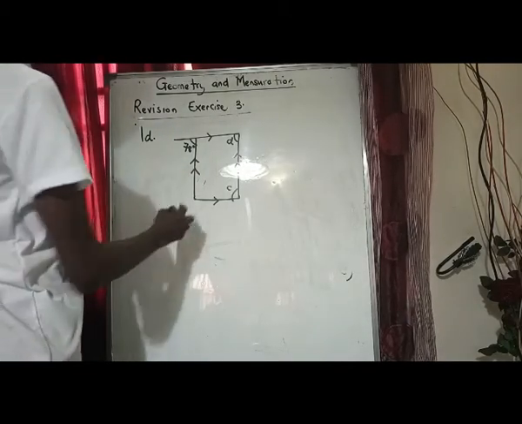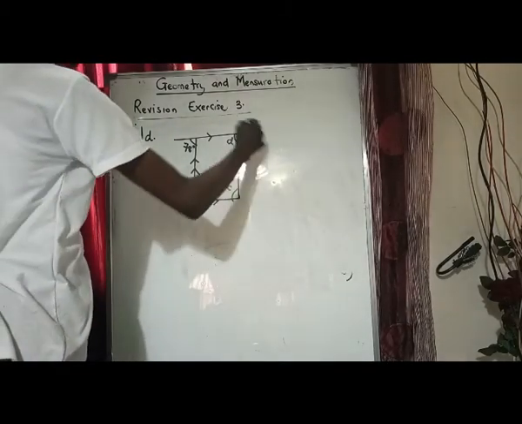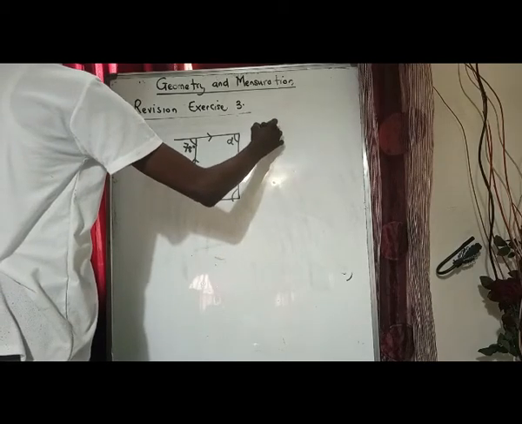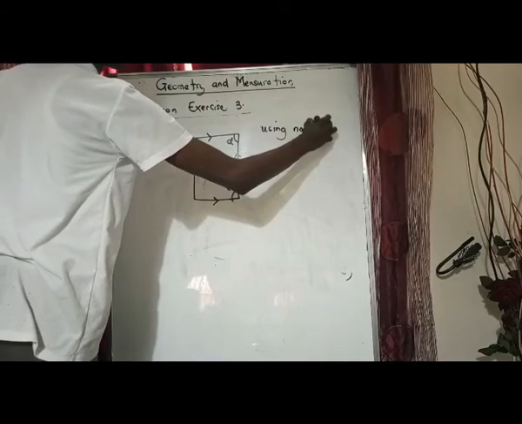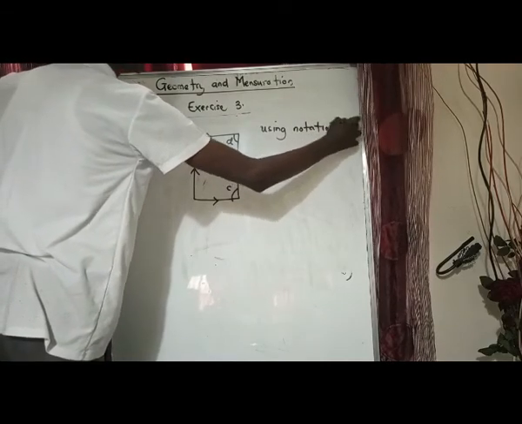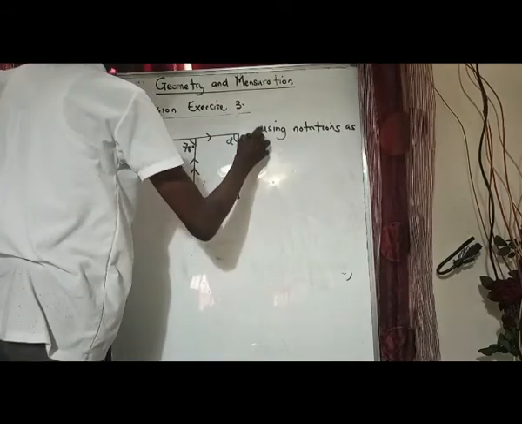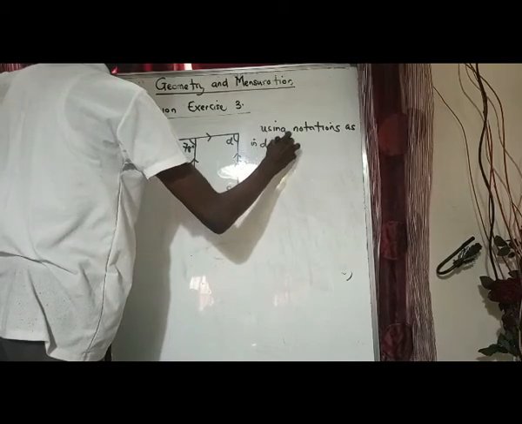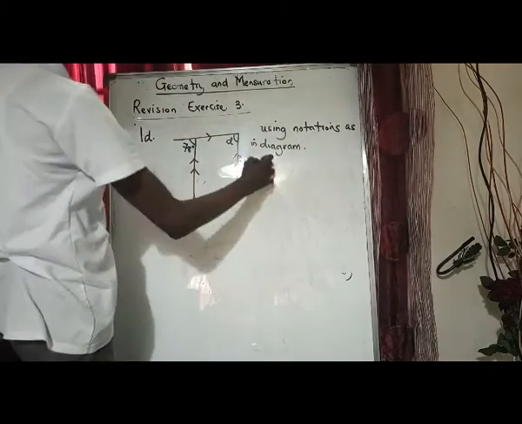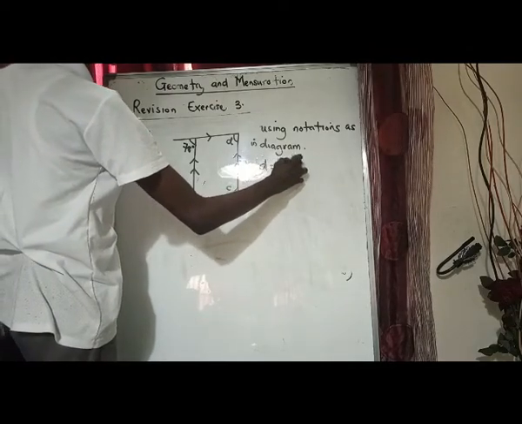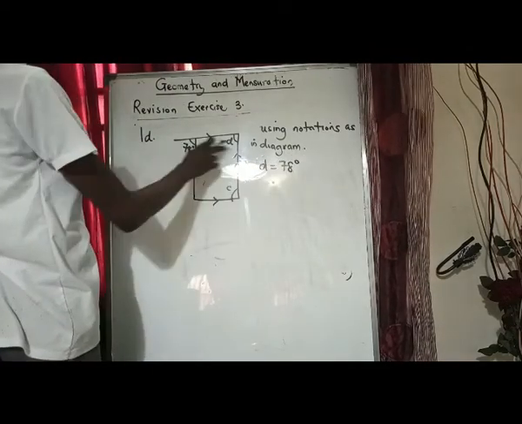So using notations as in diagram, in this case the notations are given to us, we will discover that D is equal to 78 degrees. The reason is corresponding angles.